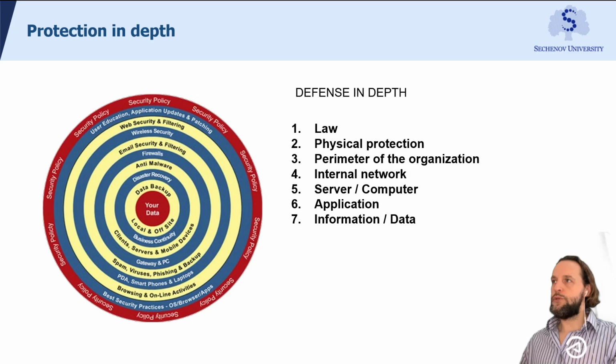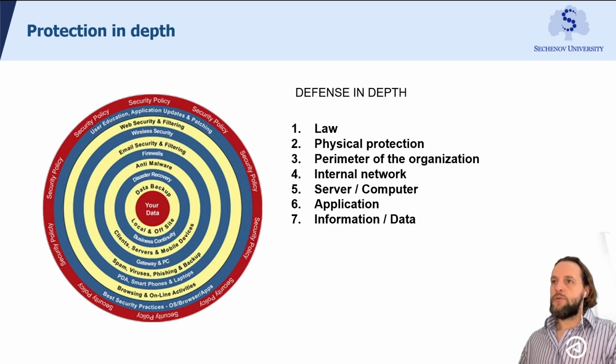This approach, protection in depth, could be divided into 7 different layers. First of all, it will be regulations, so it's law and other documents which are created to ensure data protection. Next layer will be physical protection. Next one, perimeter of the organization.